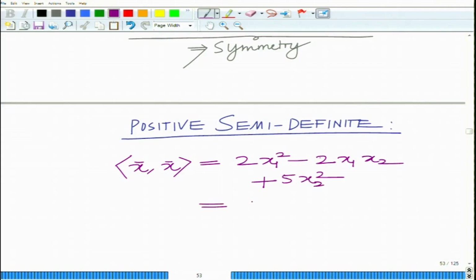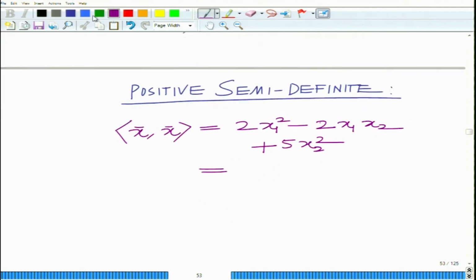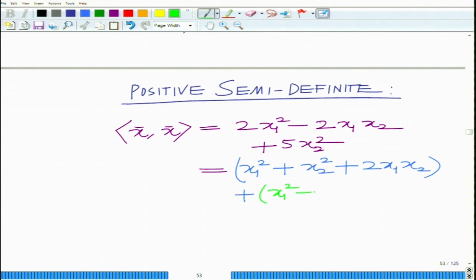Now I can write this as the sum of two terms: x1 square plus x2 square plus 2 x1 x2, plus x1 square plus 4 x2 square minus 4 x1 x2.